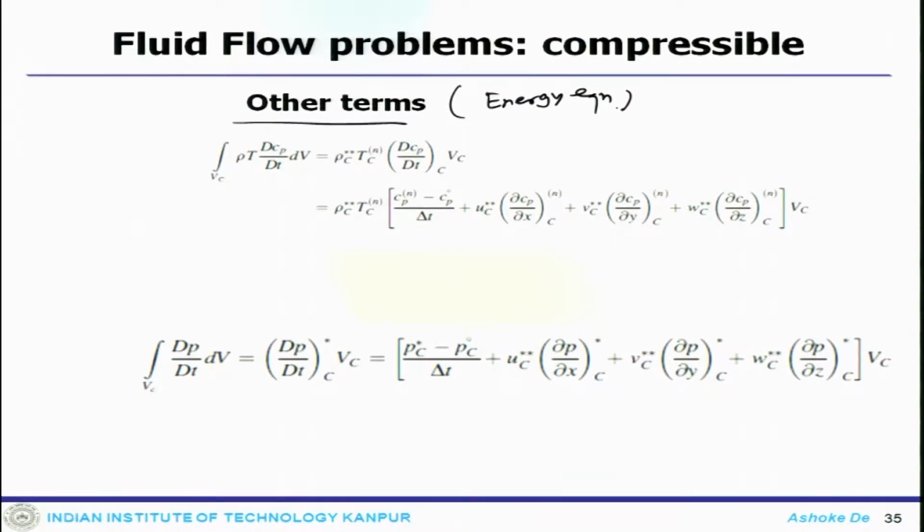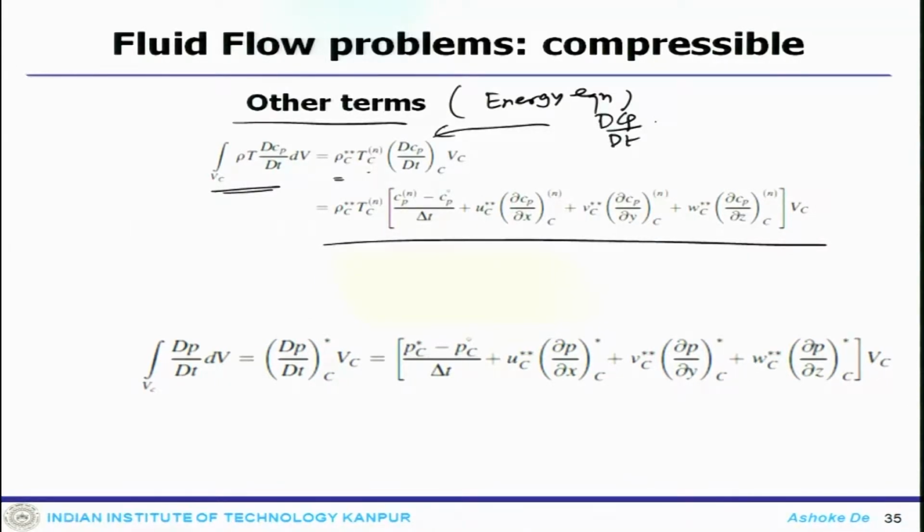The specific heat term, if you look at the volume integral of that, it will get a correction and the previous iteration value, and you can write that term like this, where you see there is a d Cp by dt sitting there, which is a material or substantial derivative of the specific heat.